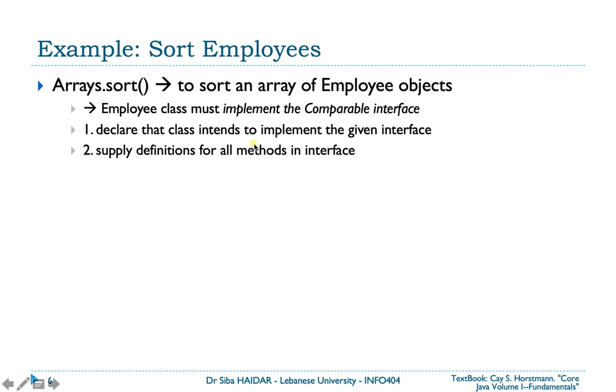So how do we do? First, the Employee class must implement the Comparable interface. So first, you declare that the class intends to implement the given interface. And the second thing is, of course, you supply the definitions for all the methods in this interface.